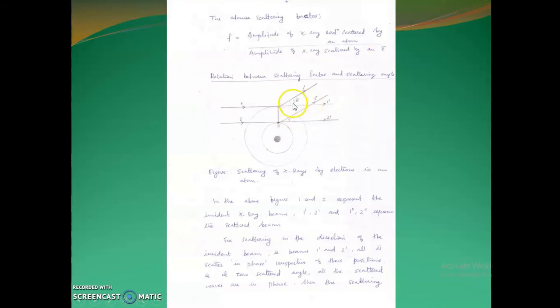If scattering occurs at a particular angle 2 theta, imagine so. For scattering at some angle 2 theta to the direction of the incident beam, a phase difference corresponding to the distance xy would occur. So there is a phase difference, right? That corresponds to the distance xy, between beams 1 double prime and 2 double prime.